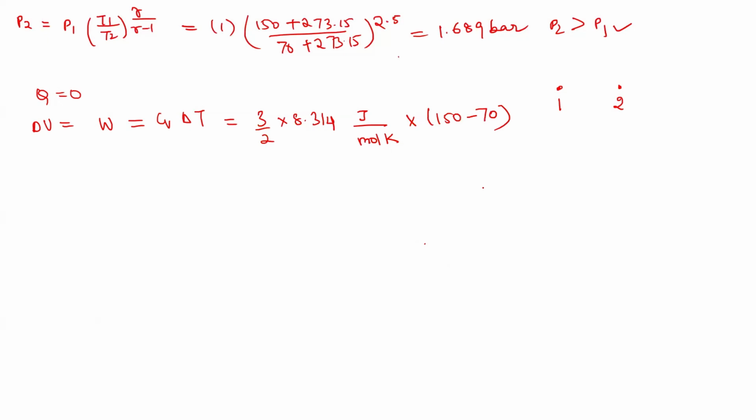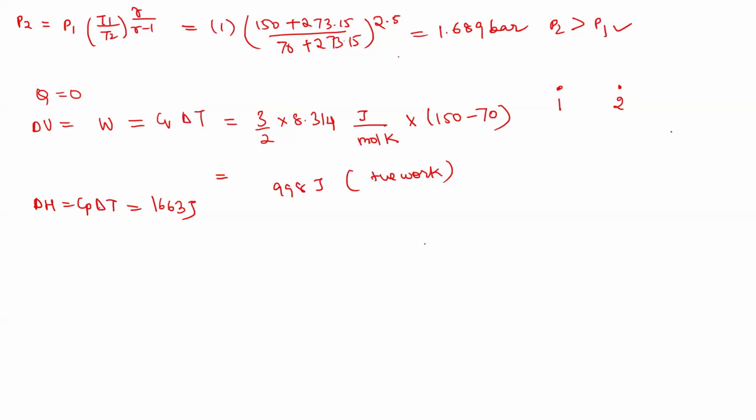So this is what you take, and now we have delta U equal to 998 joules. This gives us positive work. It implies some work has been done on the system, right? And similarly, delta H is equal to Cp delta T. Here we know Cp is Cv plus R, which is 5/2 R. On calculating that, I get 1663 joules.